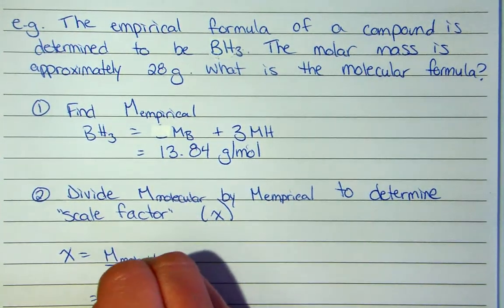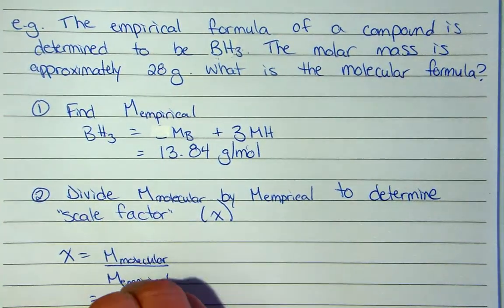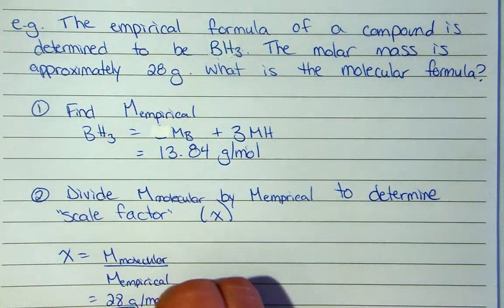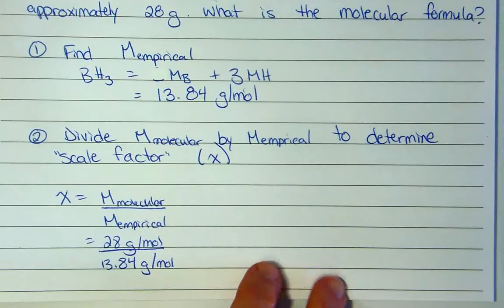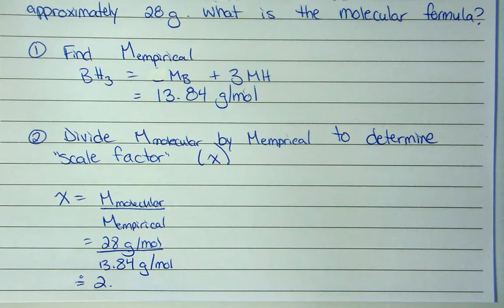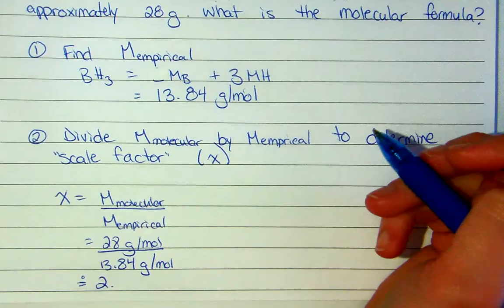So 28 grams divided by 13.84. These are molar masses in grams per mole. And that gives me approximately 2. So our scale number is 2.